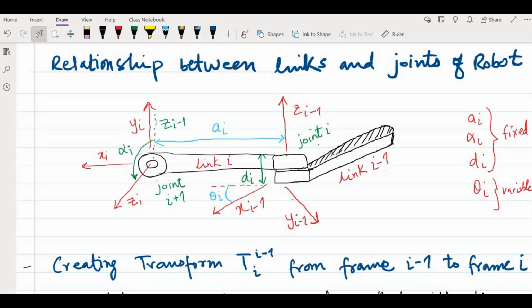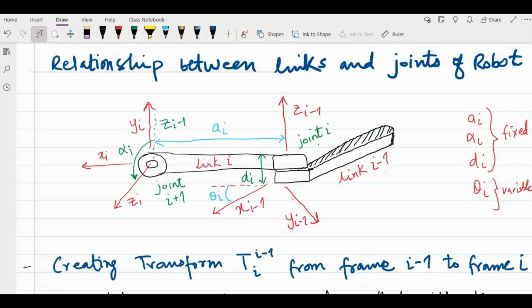So you see that what we are doing here is that we want this frame i to be represented in the frame of link i minus 1, which is this frame here. We first do a rotation so that this frame will align with this axis. Then we move this frame by a distance a_i, and it will come here.